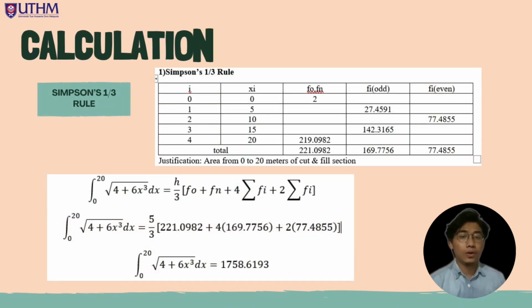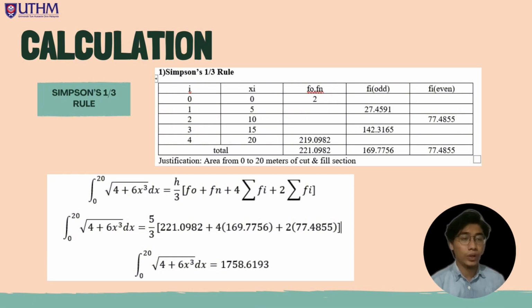So for the calculation for Simpson's 1 over 3 rule, first thing first, we have to find the odd and even numbers. For the start and end, which are 0 and 20, we got 2 and 219.0982. For the odd, we got from the x values 5 and 15, while for the even, we only got the 10.